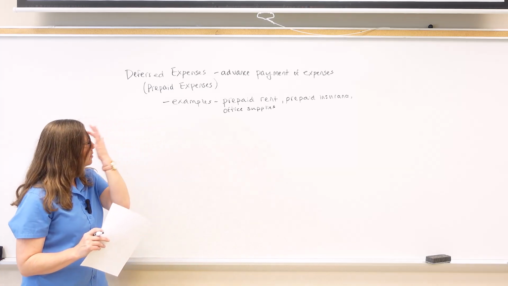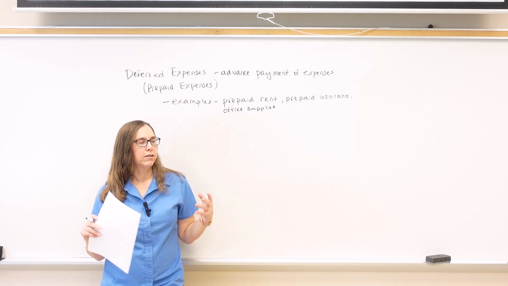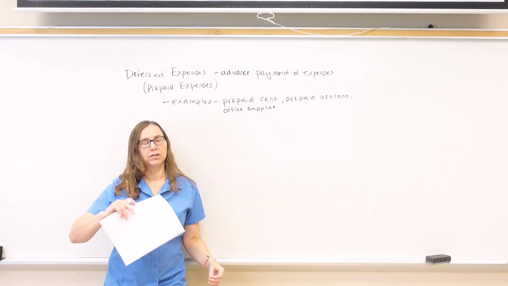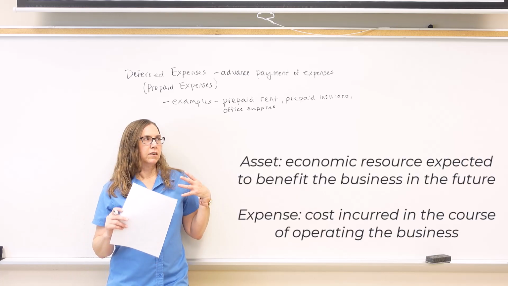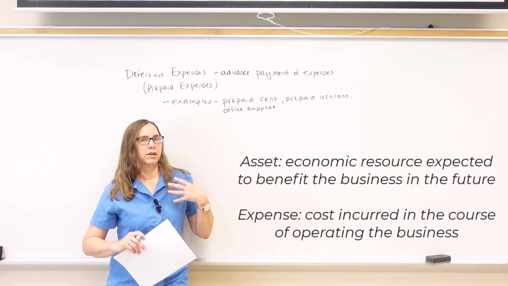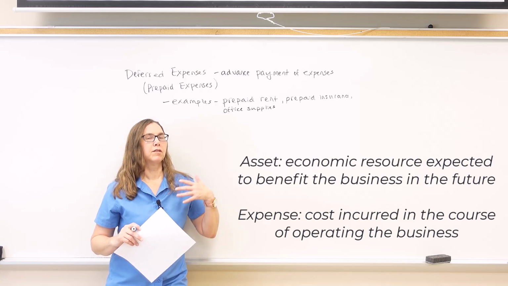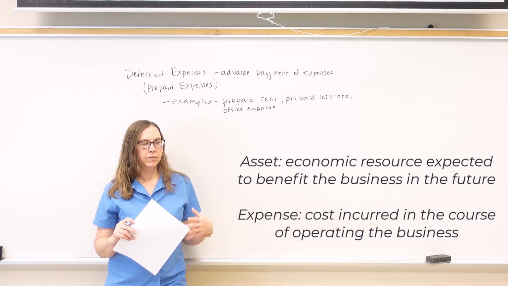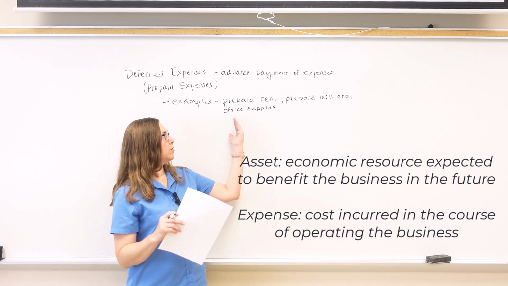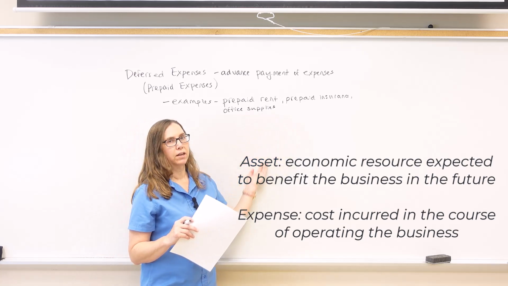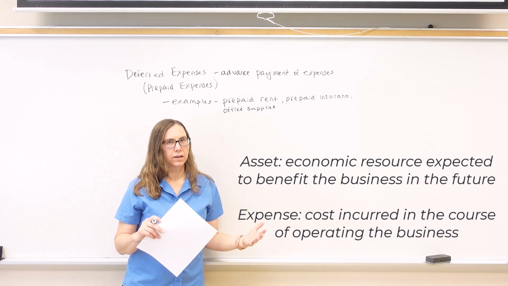Okay, so basically when you pay an expense in advance, you have to think about the definition of an expense versus the definition of an asset. If it's an economic resource or something they're going to use in the future, or something they own, or something that's going to benefit the business in the future, that's closer to meeting the definition of an asset. So when they're prepaying things in advance, they're going to record those things as an asset.